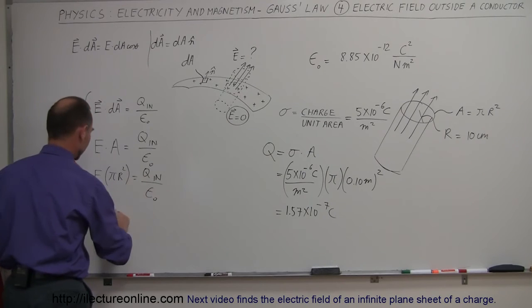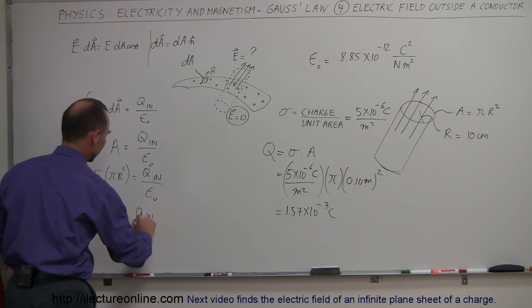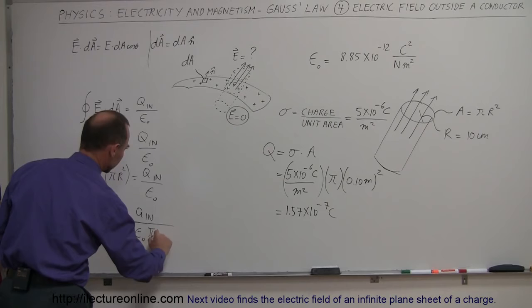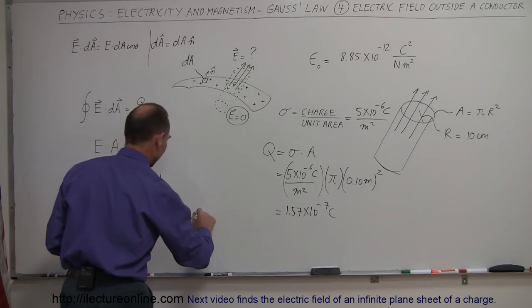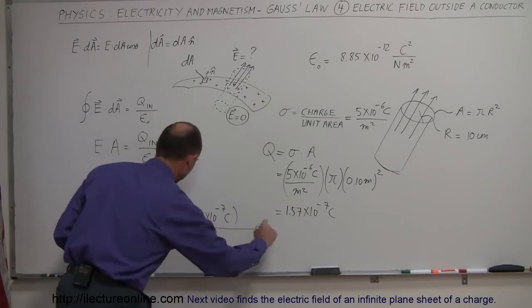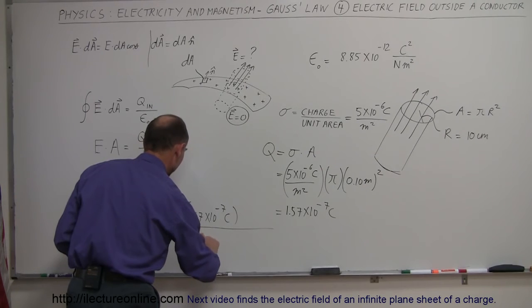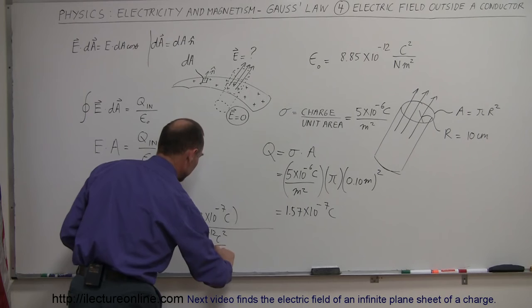We have our constant, so therefore we have E is equal to Q inside divided by epsilon sub naught, and then we'll bring the pi r squared over here. Now we plug in all the numbers. So we get 1.57 times 10 to the minus 7 coulombs for the charge inside the Gaussian surface. Epsilon sub naught is 8.85 times 10 to the minus 12, that would be coulomb squared per Newton meter squared.